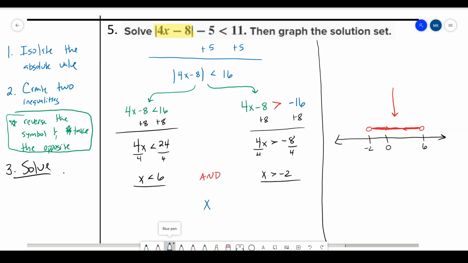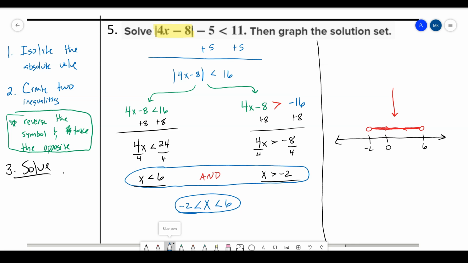You could write this as x is greater than negative 2 and less than 6. You could write it out in the long form right here, or you might see an answer like that, which is the more compact form. And so there's our graph.